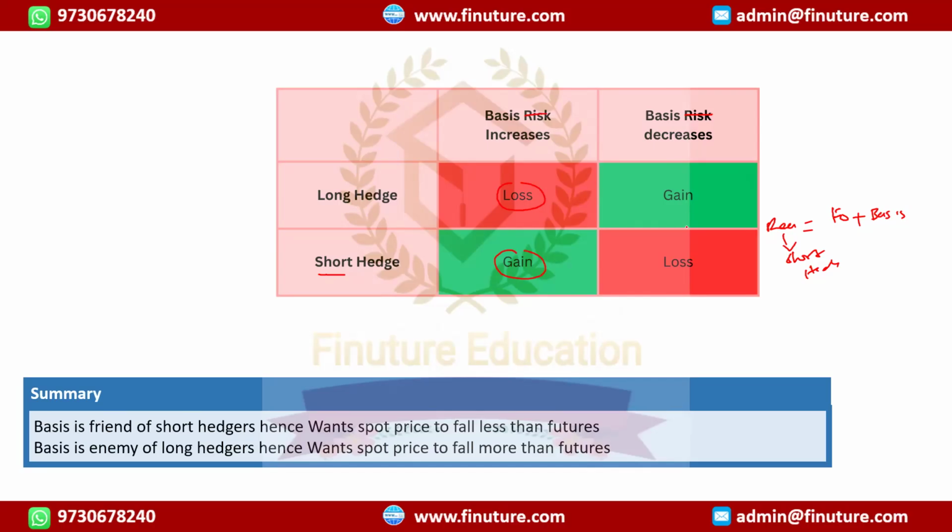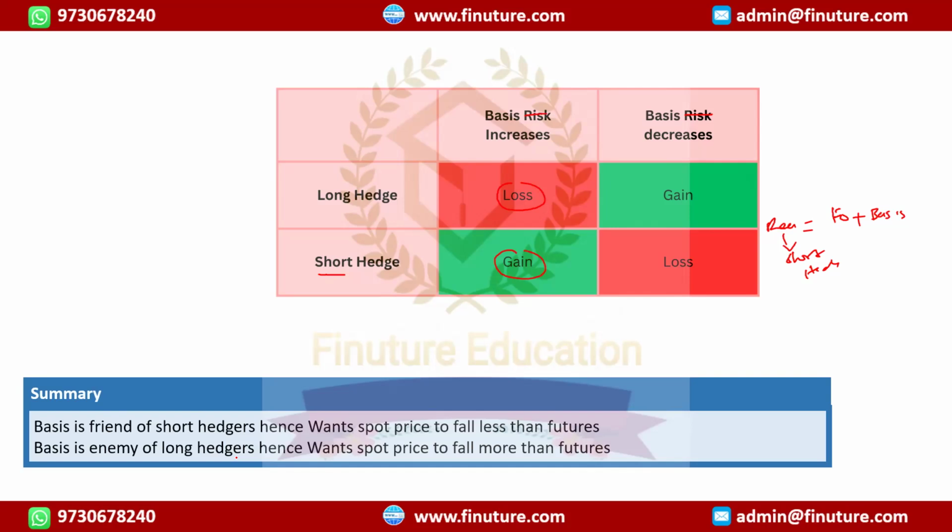And the other way around, we can talk about it. So basis is a friend of short hedgers. Hence, a short hedger wants the spot price to fall less than the future price. Basically, the short hedger will want the future price to drop more as compared to the spot price. And basis is an enemy of the long hedgers.